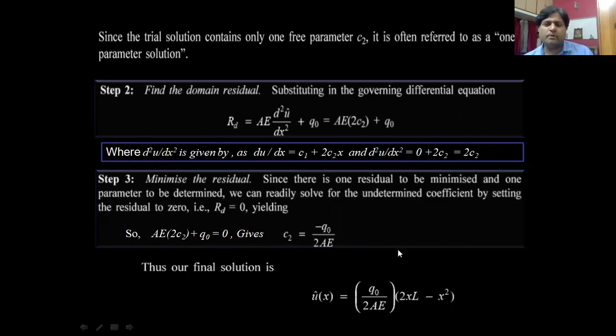Now if we put the values of c0, c1 and c2 back into our assumed trial solution, we get the final solution u(x) = Q0/(2AE) times (2xL − x²). So this will be our final solution for the problem.